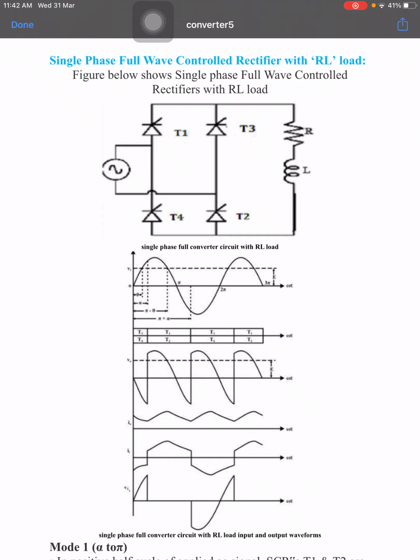That is the point we have to think about. For each thyristor there is a firing angle alpha. That is why the modes of operation are always alpha to pi, pi plus alpha to 2 pi, like that we are considering. In the entire cycle, the modes of operation we consider are from alpha to 2 pi only. That is the consideration.